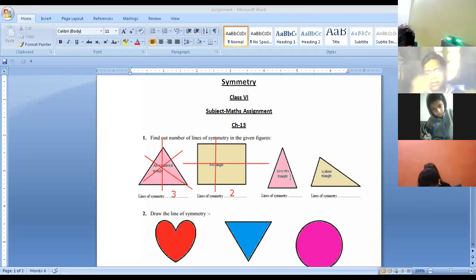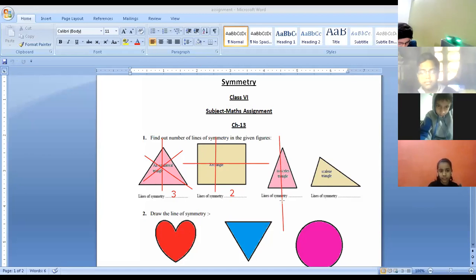Now, isosceles triangle. How many lines of symmetry in an isosceles triangle? Yes, Riyan, Bhuvi, Ridhima, Charvi, Aditya, right. There is only one line of symmetry in an isosceles triangle.